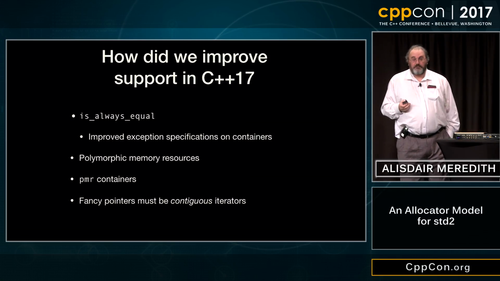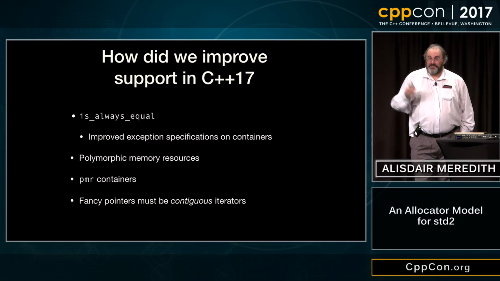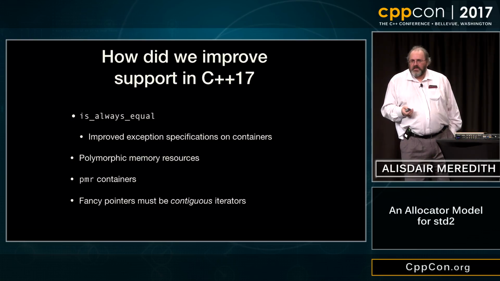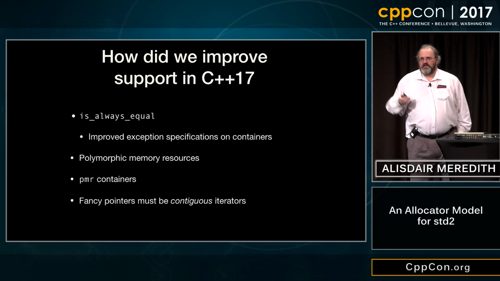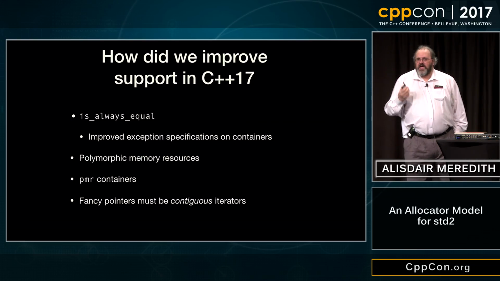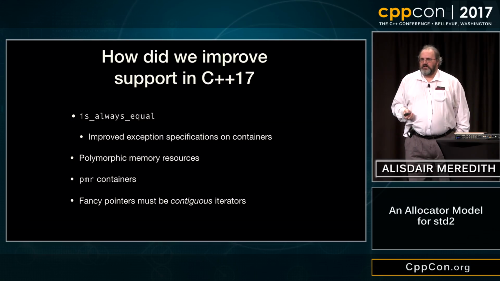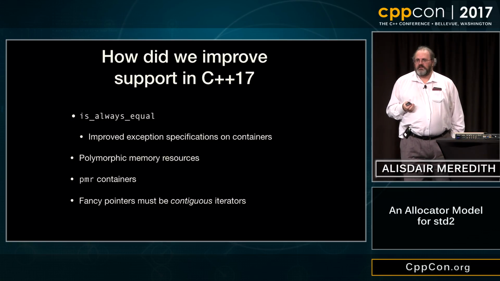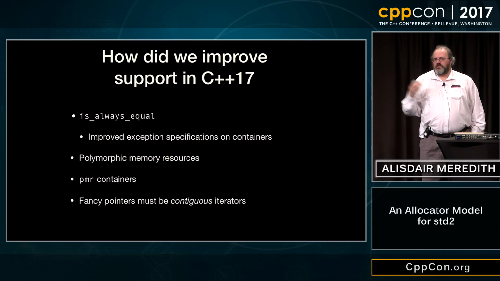And in addition to that, we have PMR containers, PMR being short for polymorphic memory resource, which just trips off the tongue. It's a namespace within std, and within there we have an alias template for every standard container that just says rather than using the standard allocator, I'll use the allocator that wraps the PMR resources instead. Because we don't need to do any other work.